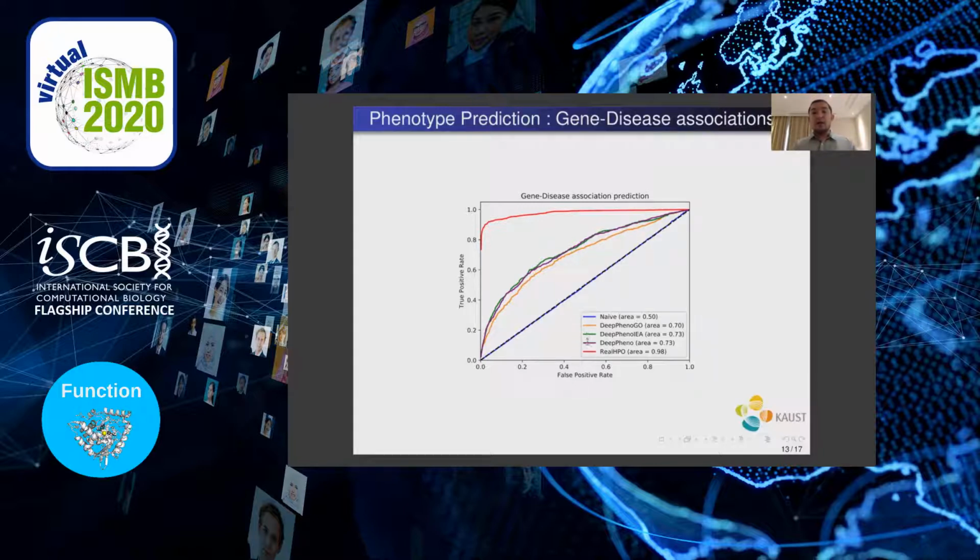However, our model, which uses only predicted phenotypes, can also show some predictive performance, and the naive predictions are not useful.